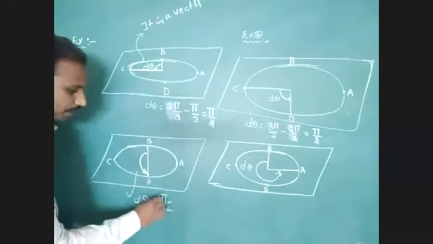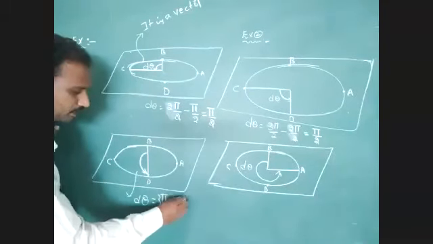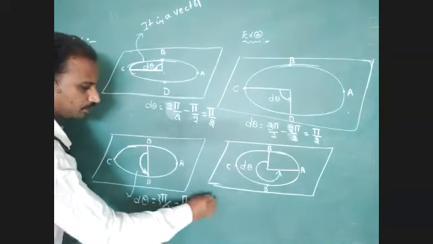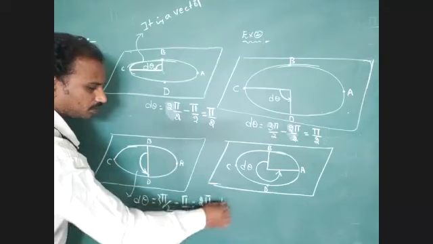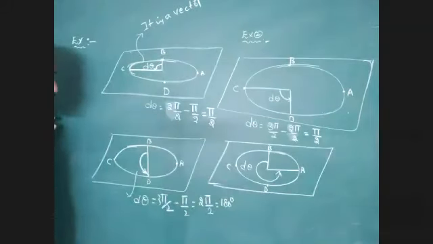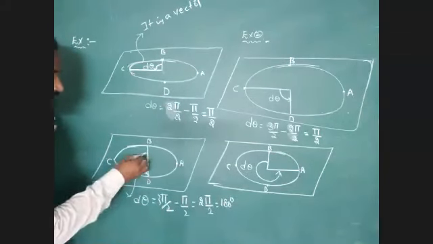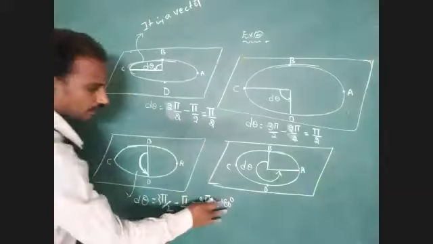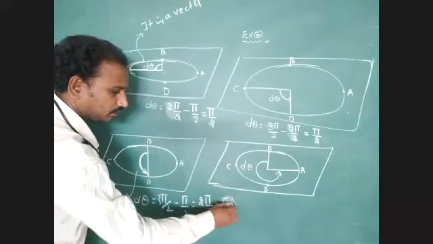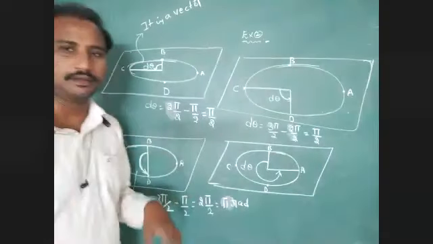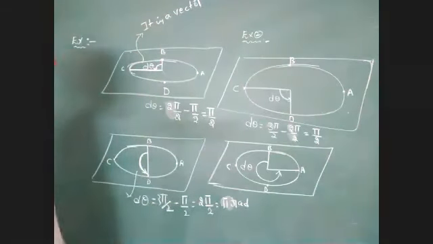Final angle: 3 pi by 2. 3 pi by 2 minus pi by 2 equals 2 pi by 2, which equals 180 degrees. Here, just identify it is a straight line angle. Pi radian equals 180 degrees.